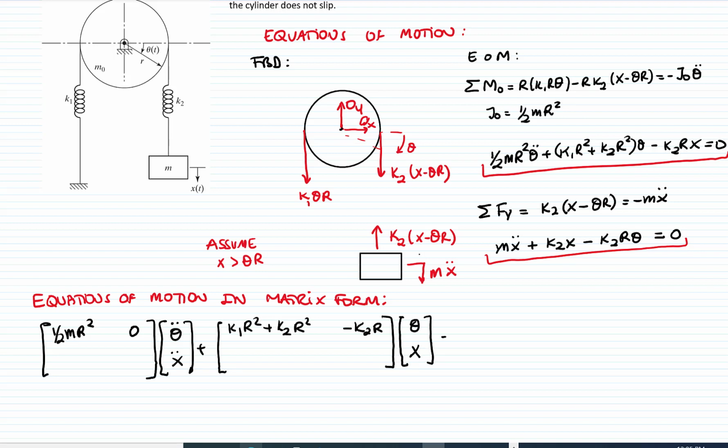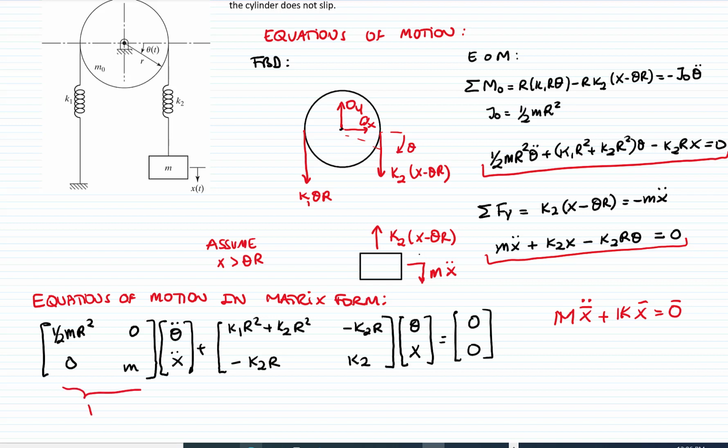And that will be equal to 0. My second row will be 0 and m that multiplies x double dot, and then I have negative k2 r and k2 that multiplies x. This matrix has the form mass matrix times acceleration vector plus stiffness matrix times displacement vector equals 0 vector.